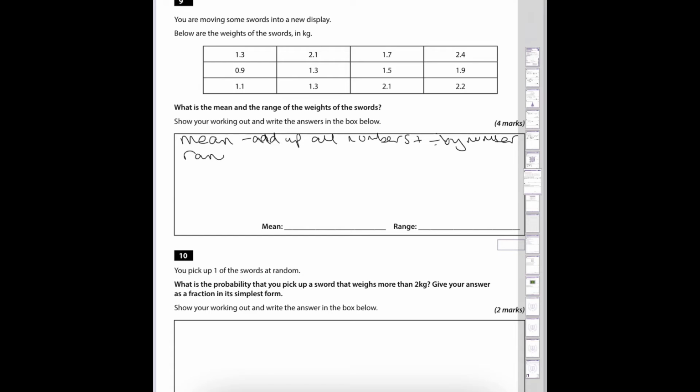The range is the difference between largest and smallest. Okay, so the range is the difference between largest and smallest, and the mean is the traditional way of doing the average. So what I've done is made a note on my piece of paper to add all these up on the calculator. So the first thing I need to do is add all of these 12 numbers up.